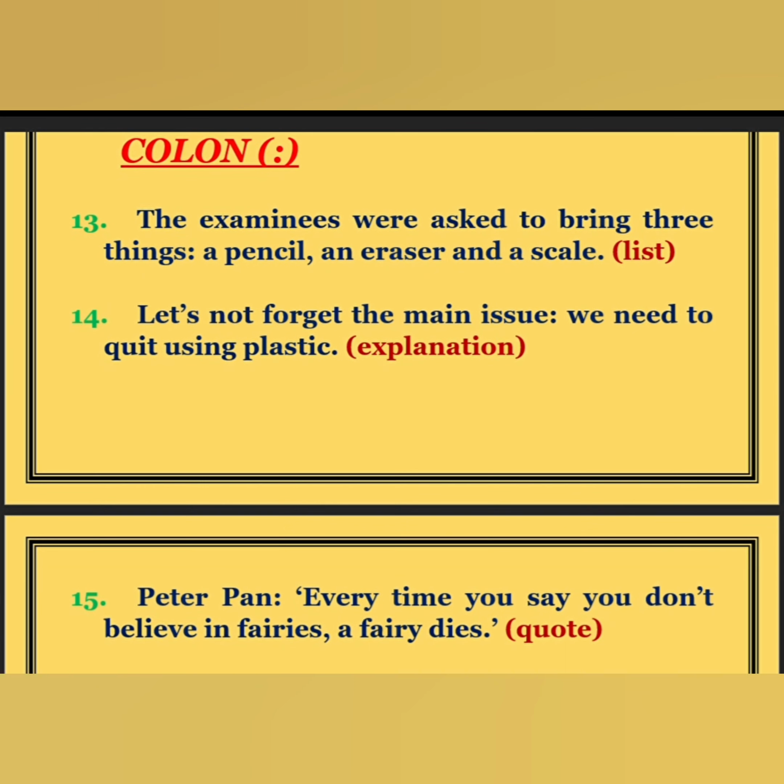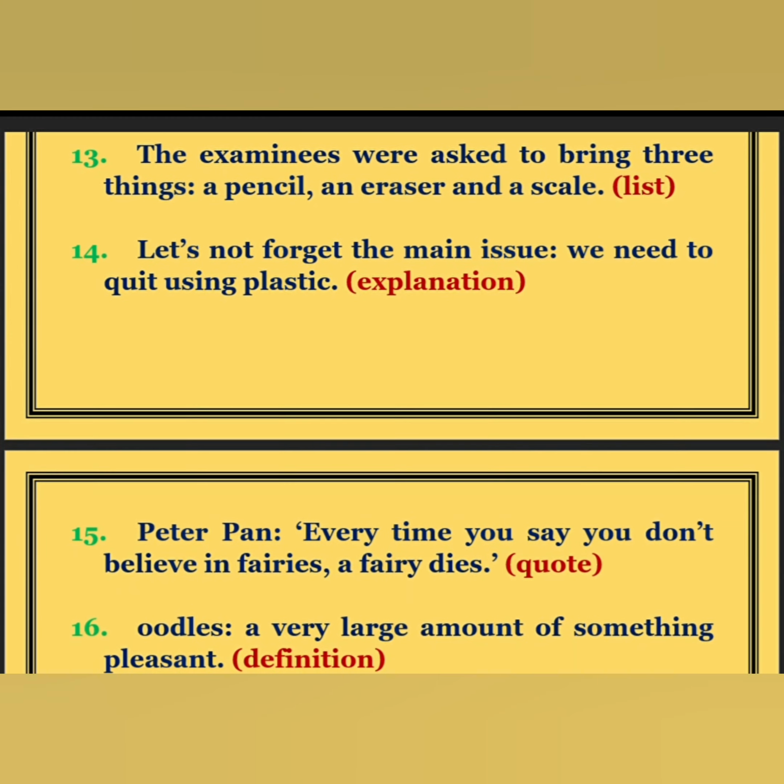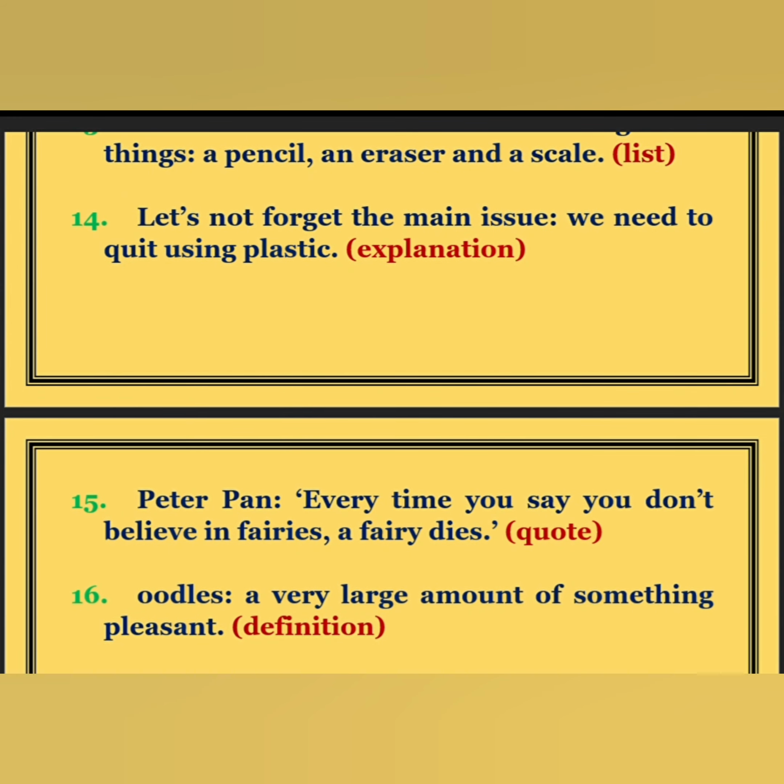Then Peter Pan. So Peter Pan is quoting that every time you say you don't believe in fairies, a fairy dies. Then while using a definition: oodles is the word, and the definition is a very large amount of something pleasant.